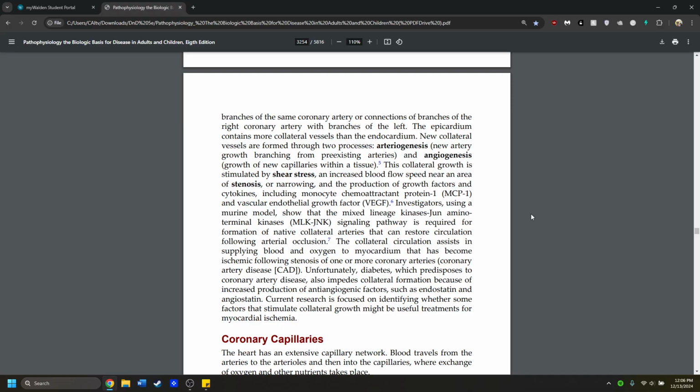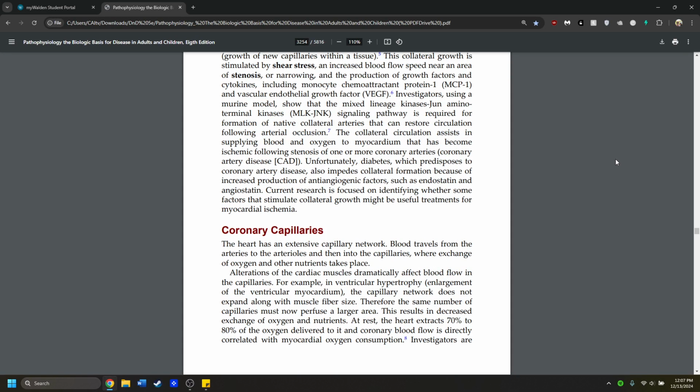Our collateral arteries. Whereas when you are young and have a heart attack, you don't have the time and your body didn't have the chance to create those collateral circulation to assist.